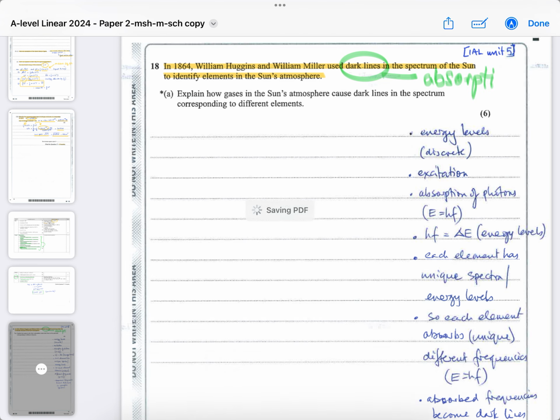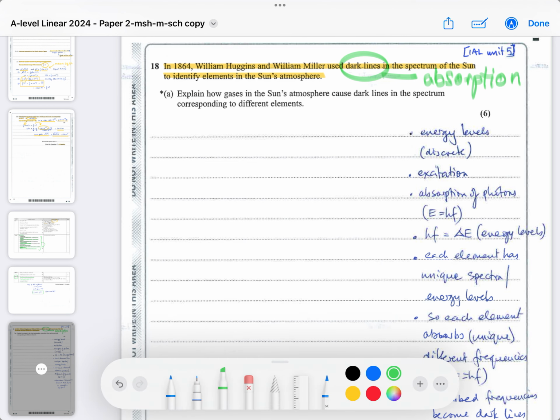The dark lines indicate the frequencies which have been absorbed. So this is spectra you would have met in Unit 2, and you will meet them in Unit 5 because of astrophysics. Okay? So it's Unit 2 and Unit 5 because energy levels come from Unit 2.